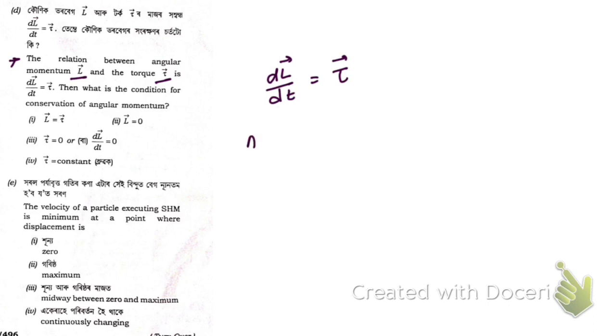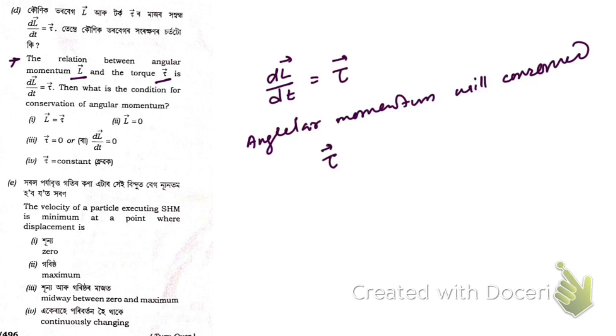Angular momentum will be conserved when the torque is equal to 0.